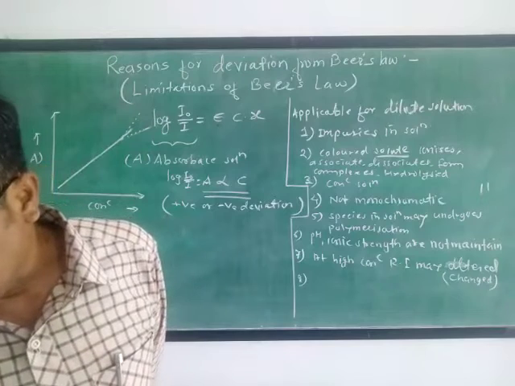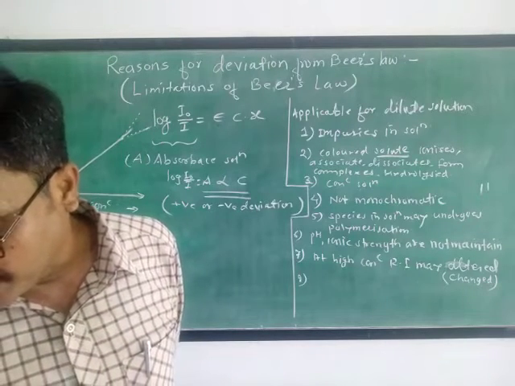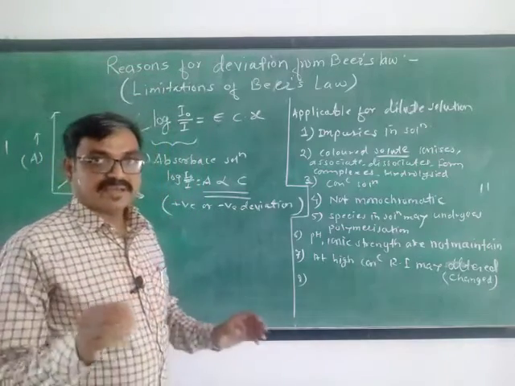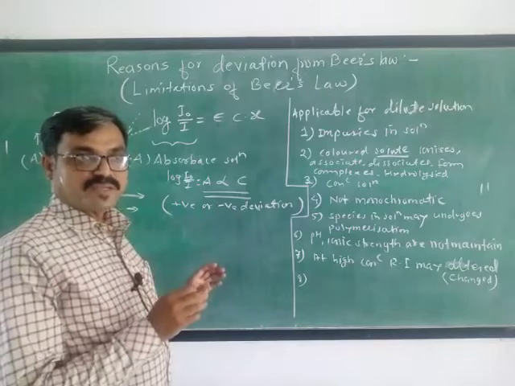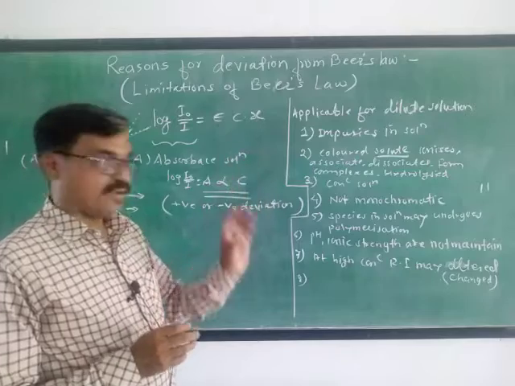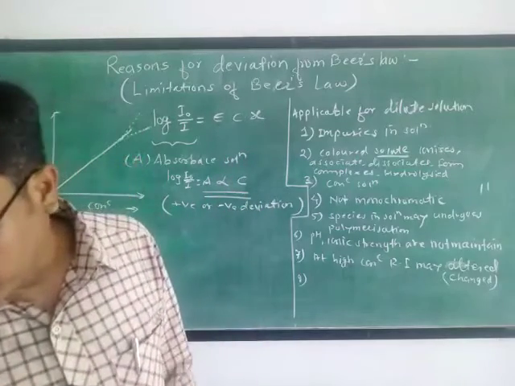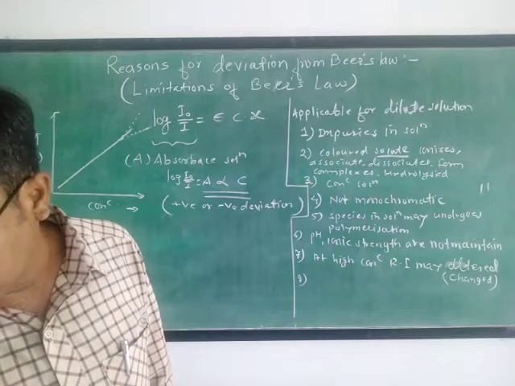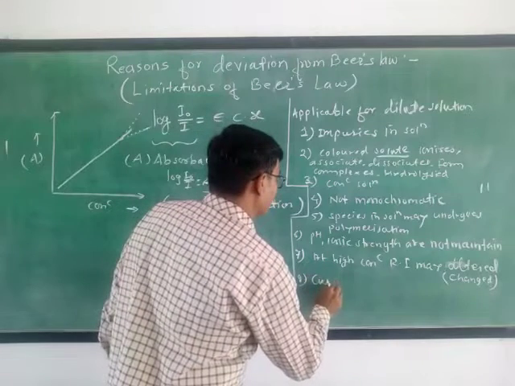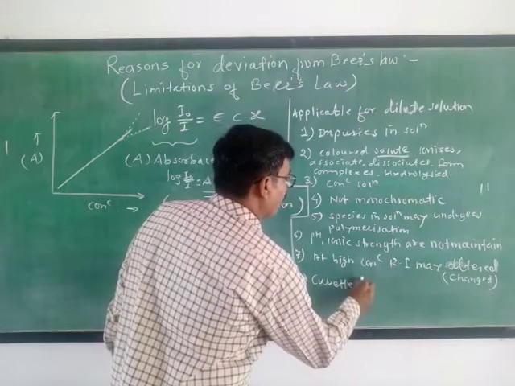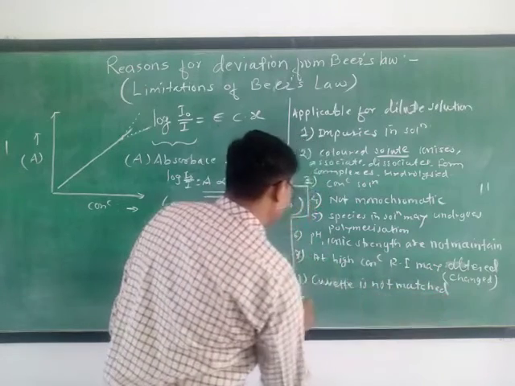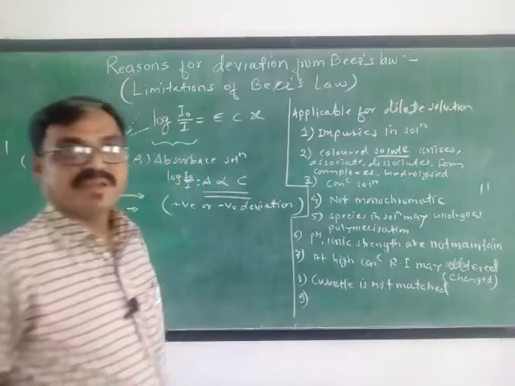Another reason is that deviation may occur if the sample cells or cuvettes are not matched. When we have to measure the absorbance, we take the dilute solution under study in the cuvette. If that sample cell or cuvette is not matched, then there is a possibility of deviation.